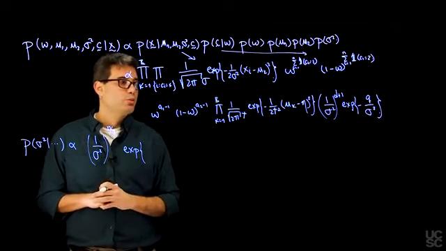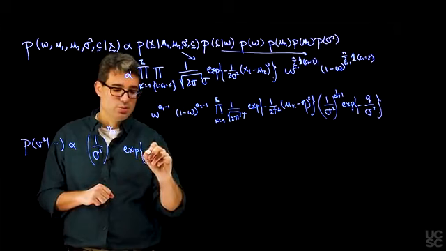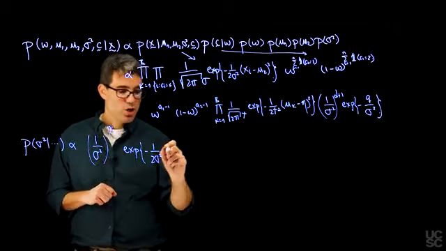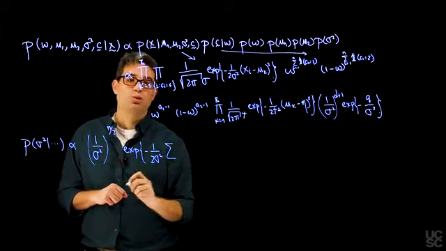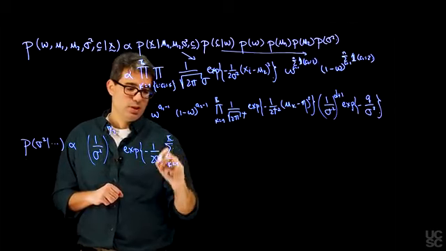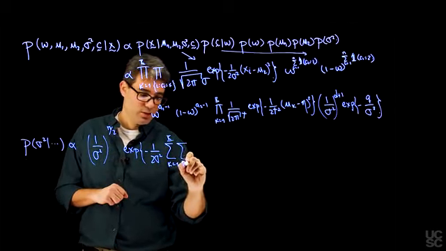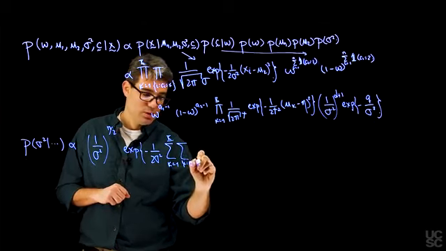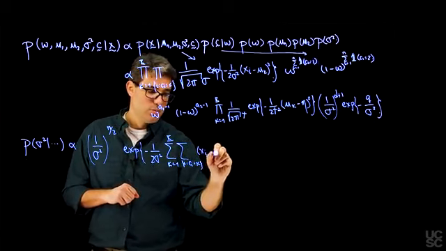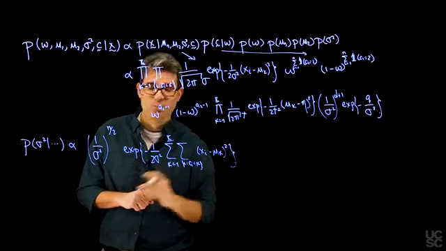And now I do need to take my terms inside. So this is minus 1 over 2 sigma squared. These products become sums. So I have a double sum from 1 to capital K, and then for the i's such that c sub i is equal to k, of (xi minus mu sub k) squared.